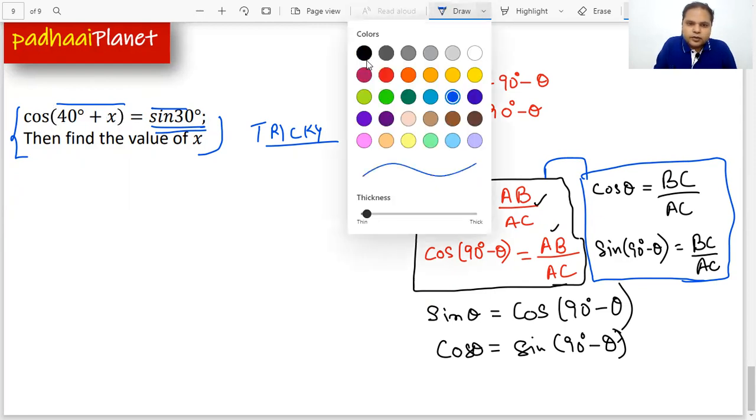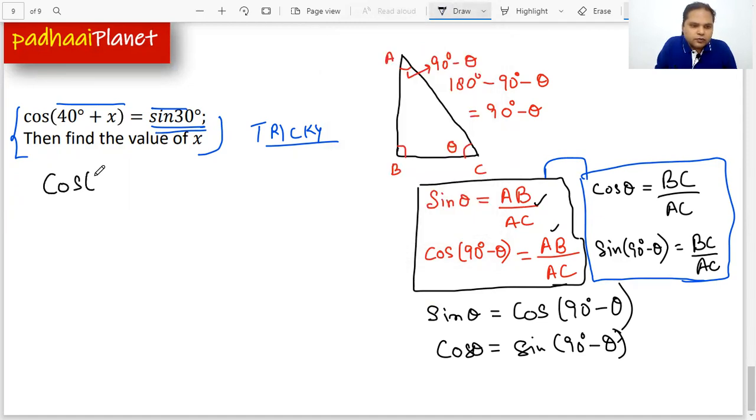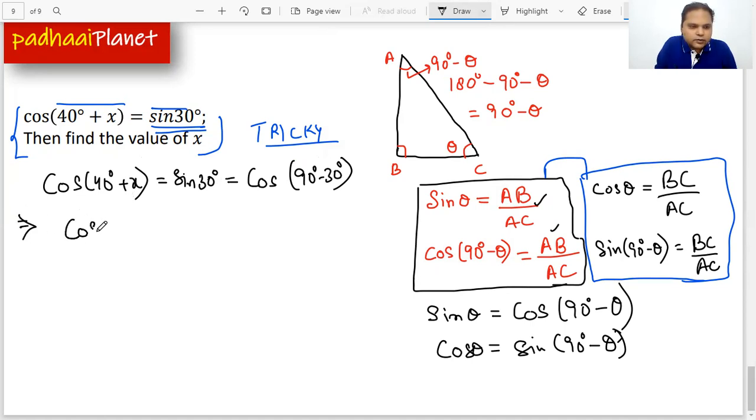Now how we are going to do it is, let's take the expression which we have, and the expression says that cos(40 degree plus x) is equal to sine 30 degree, and we can simply convert this into cos(90 minus theta), that means 90 minus 30 degree, and we can also write cos(40 degree plus x) is equal to cos 60 degrees.